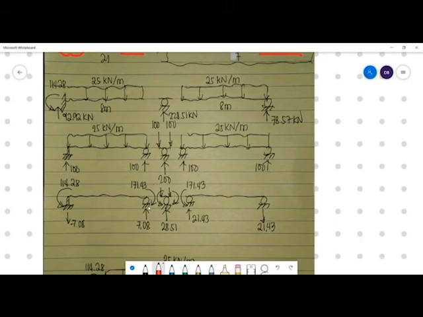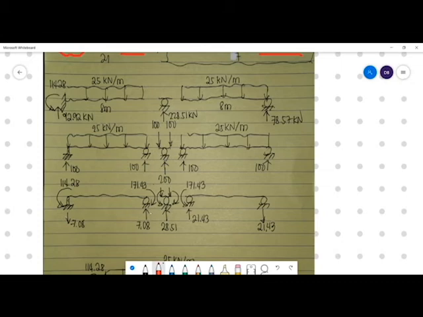So 57.15 clockwise. If we divide it by the length, which is equal to 8, we have 7.08 kilonewton. But their directions differ.